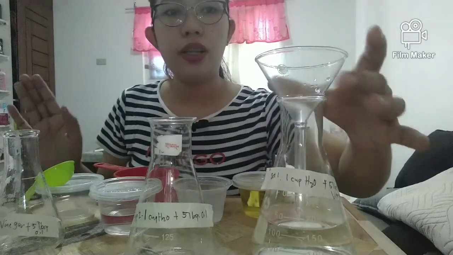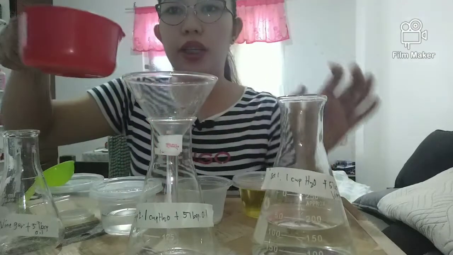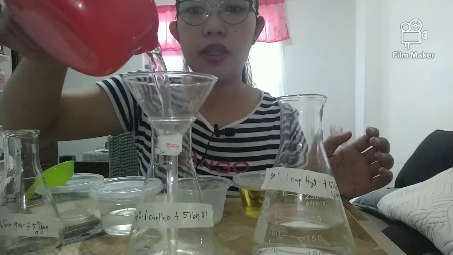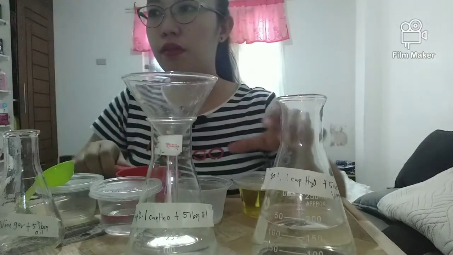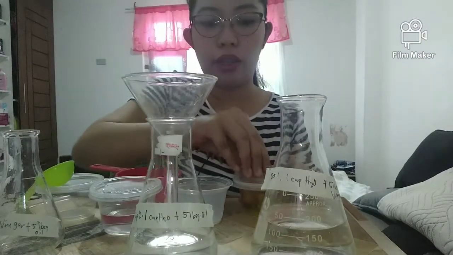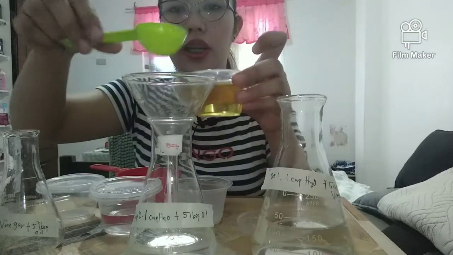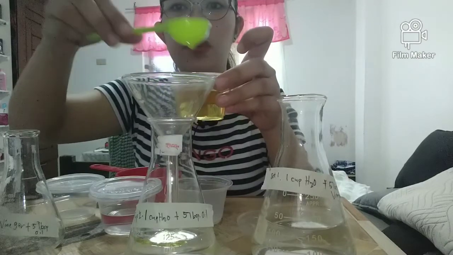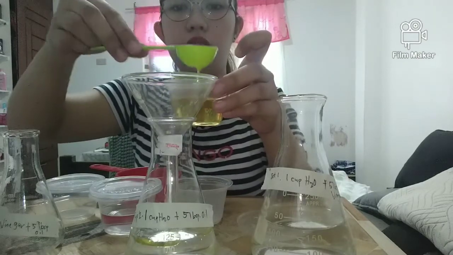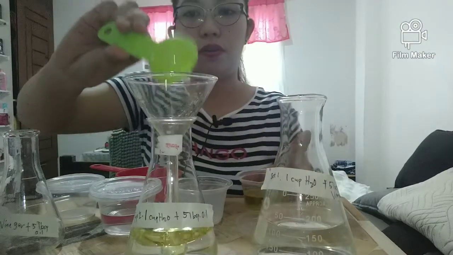Next one is setup 2. Let's see if it's going to mix well or not. This is a cup of water plus 5 tablespoons of oil. This is our oil. Let's pour it: 1, 2, 3, 4, and 5.